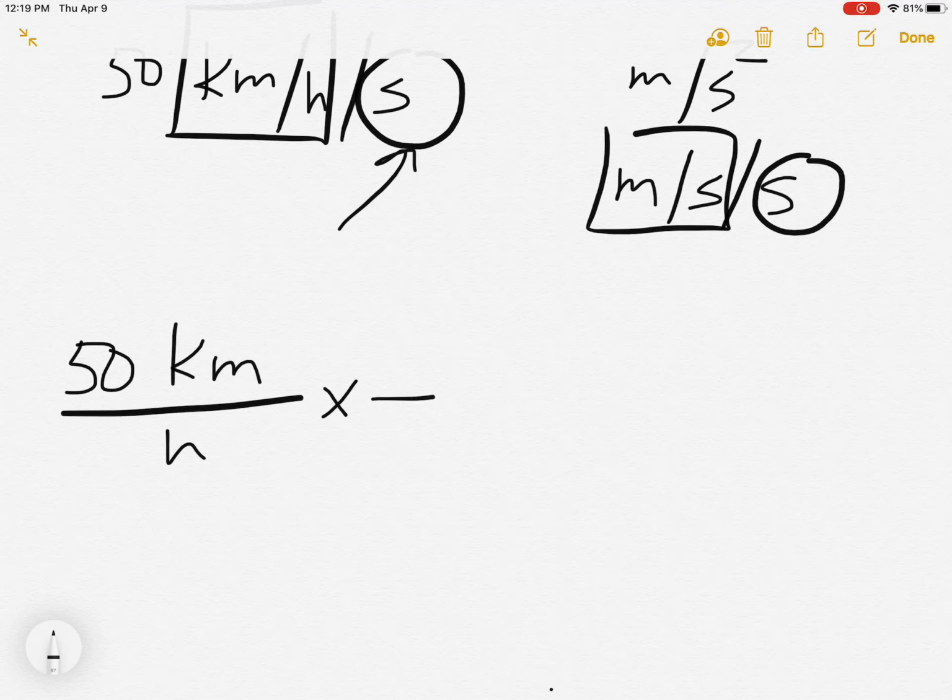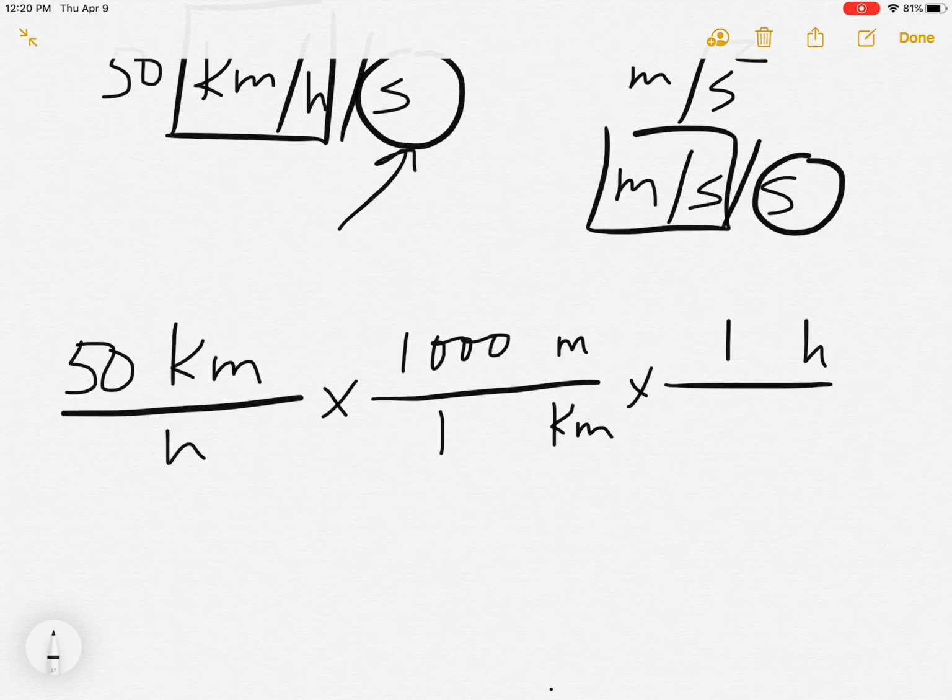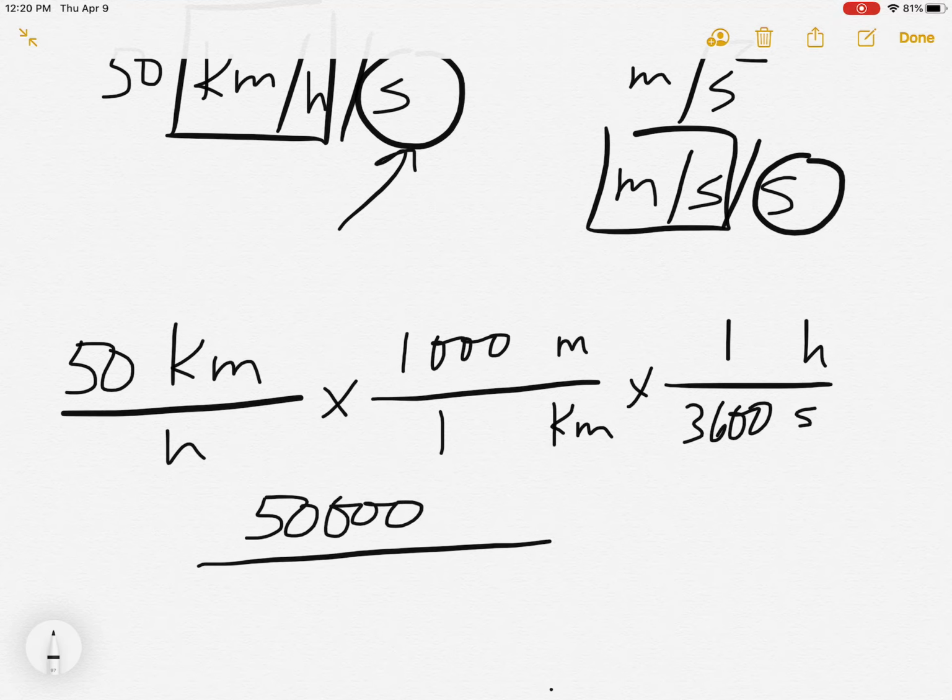So to change this to meters per second, there's two ways to do it. We multiply by a simple conversion factor. We want to change the bottom and the top. So first we deal with the kilometers. 1,000 meters, 1 kilometer. Then we deal with the hours, 1 hour, 3,600 seconds, and then we multiply it out. So it's 50,000 divided by 3,600. And these kilometers and those kilometers cancel out.